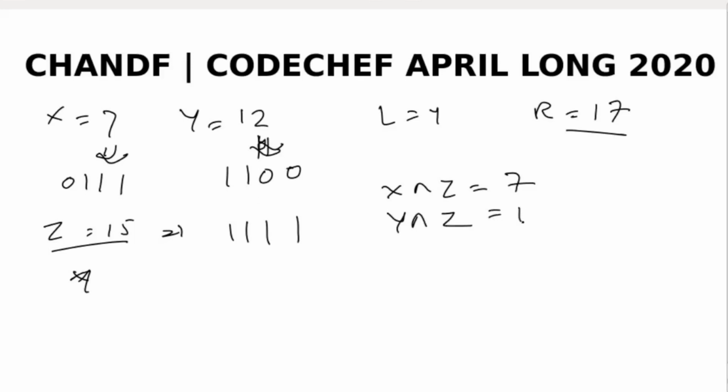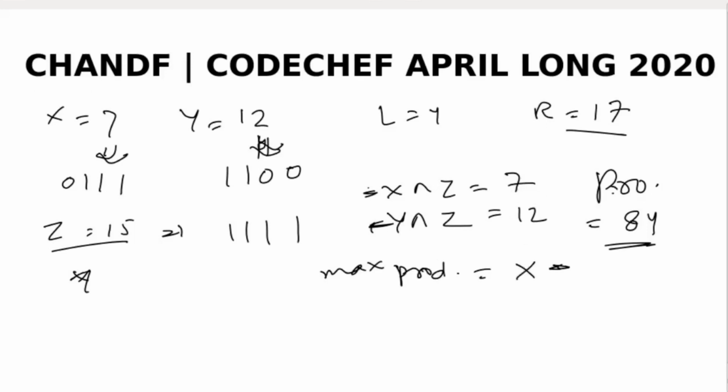Our product is 84, and this is the maximum product we can get, because x AND z is less than or equal to x, and similarly y AND z is less than or equal to y, so the maximum product you can get is x into y. Hence our answer is z equal to 15 for this question.